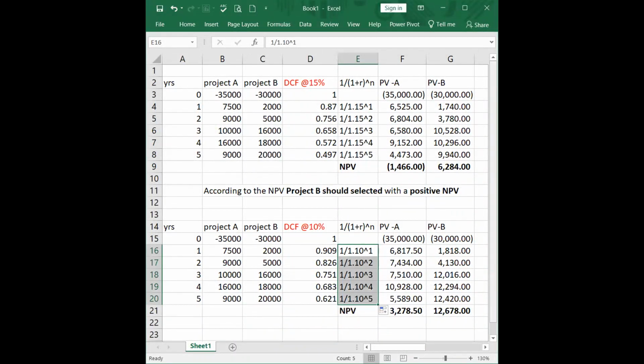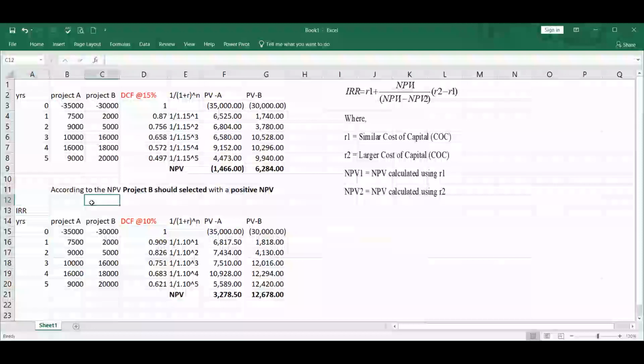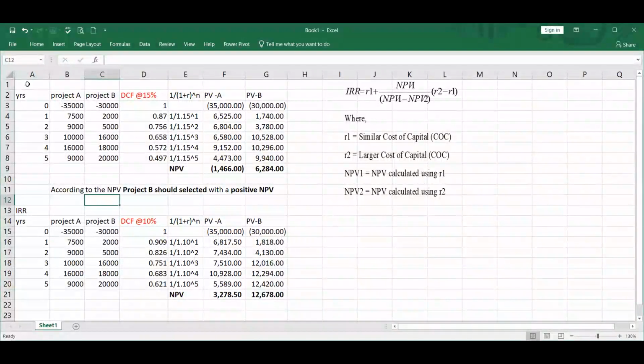So now you have different figures. I make up the table again. I have taken this from the table. So this is only for the NPV.